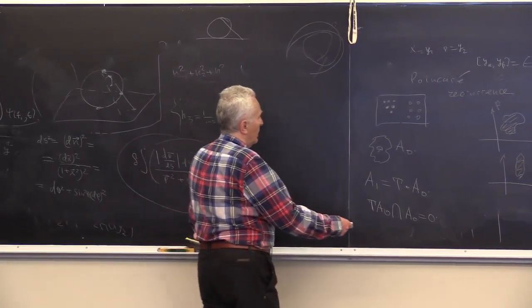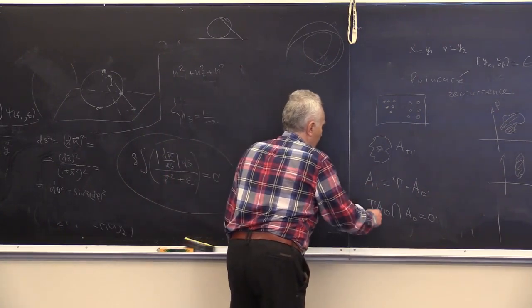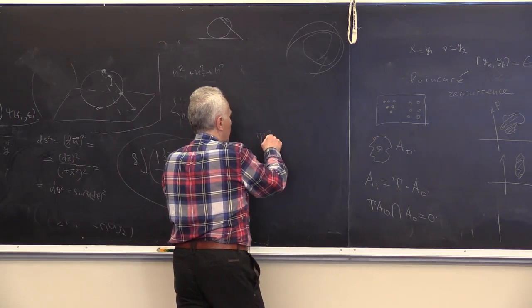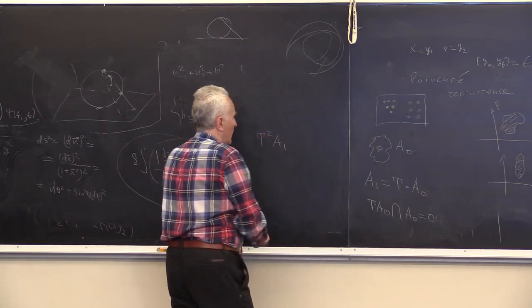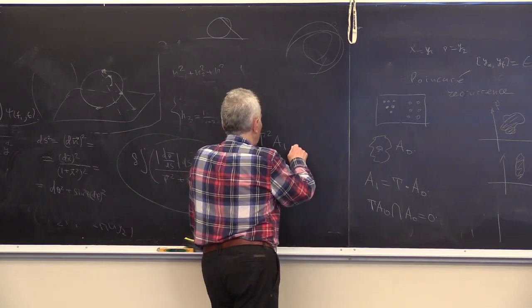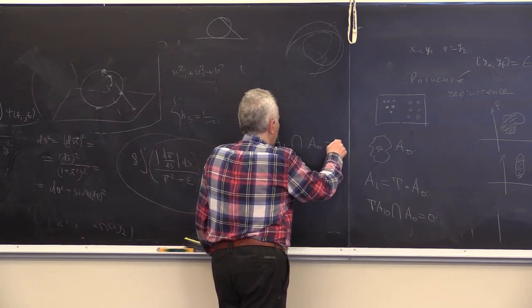So now take this set A1 and consider T square of A1. And once again, its intersection with A0 must be 0.